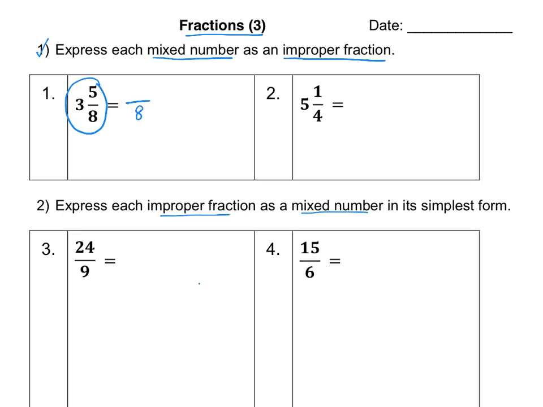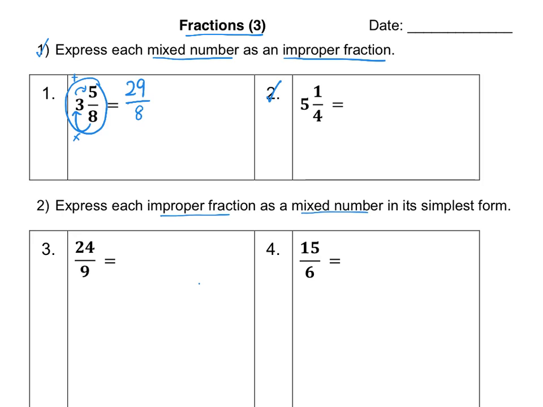We take the denominator, multiply by the whole number, and to the answer we add the numerator. So 8 times 3 is 24. 24 plus 5 is 29. So for question 1, 3 wholes 5/8 is equal to 29/8.